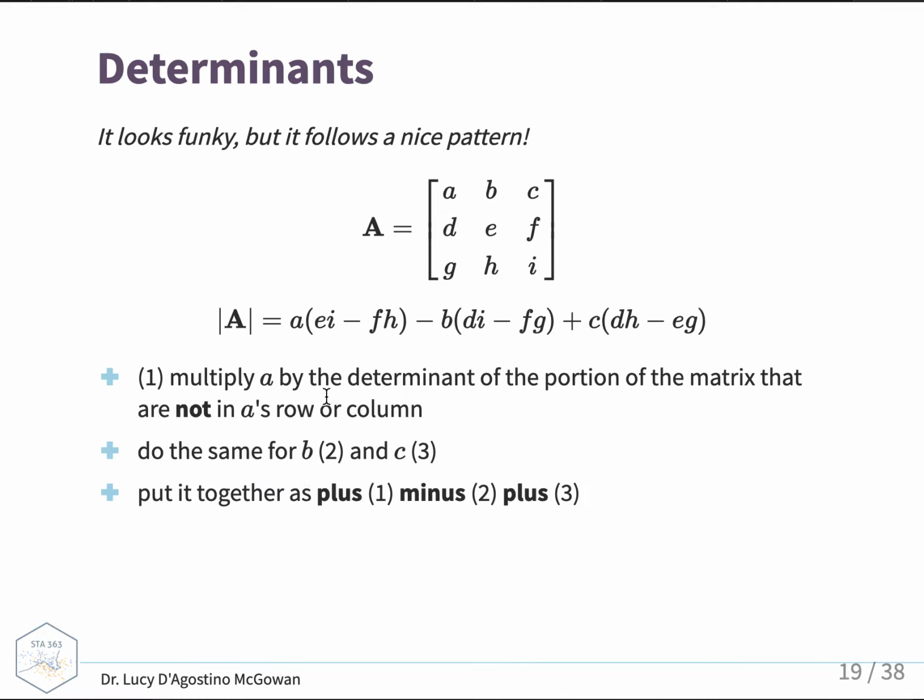First you multiply A by the determinant of the portion of the matrix that is not in A's row and column. So if we take A, and then we cross out the row and column, we're left with this little 2 by 2 matrix here, and we take the determinant of that, E times I minus F times H. We multiply it by A. And then we do the same for B and for C. For B, we cross out the column, we cross out the row, and we take the determinant of the remaining pieces, and so that is D, I, F, and G. And then same for C. We cross out the row, we cross out the column, and we end up with this little matrix over here, and we take the determinant of that.